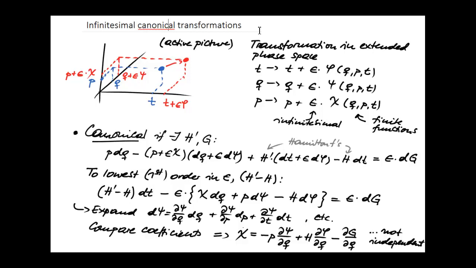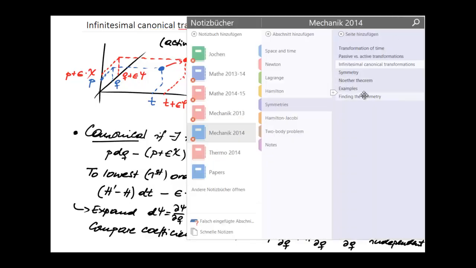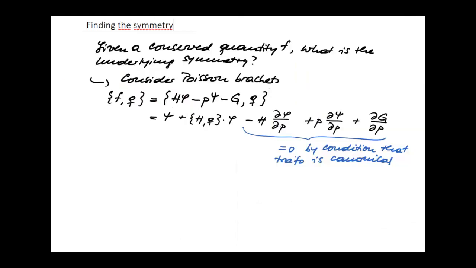So comparing the coefficients in front of the dp's gives a condition that makes the last three terms here add up exactly to 0. Just as a reminder, the way you prove that is that you compare the coefficients in front of the dp.